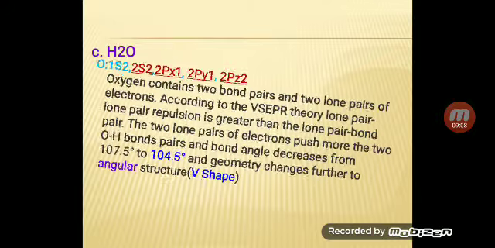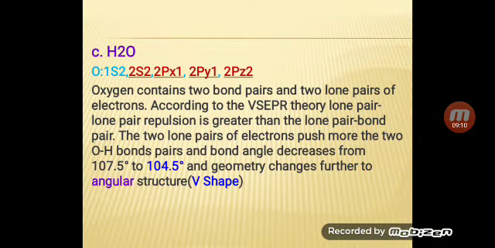Now the last example for this kind of molecule is water. Oxygen is the central atom of the water molecule. So the electronic configuration shows that there are 2 partially filled atomic orbitals present in the central atom. Oxygen contains 2 bond pairs and 2 lone pairs of electrons.